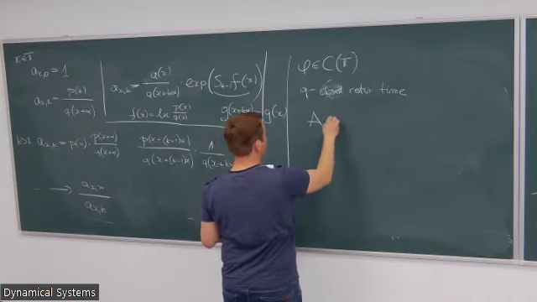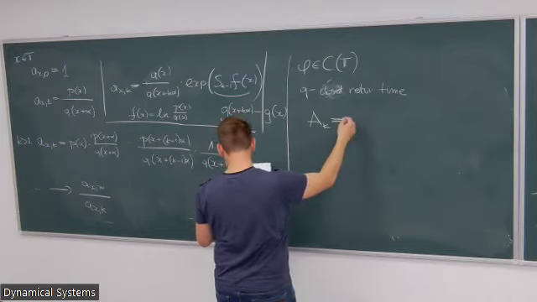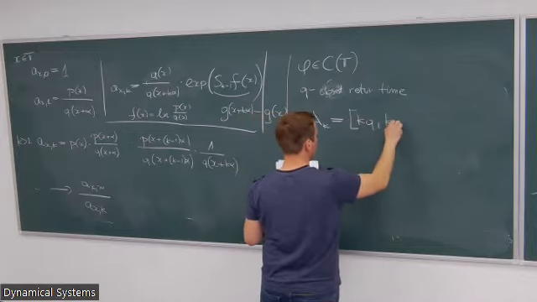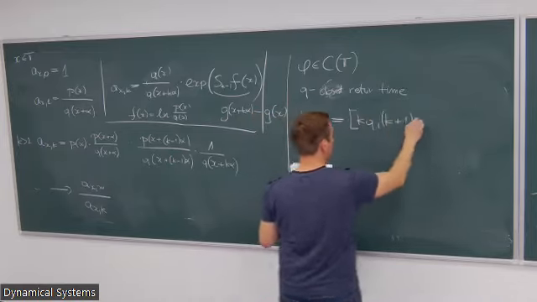Let us define A_k to be the interval of integers of the form [kq, (k+1)q).